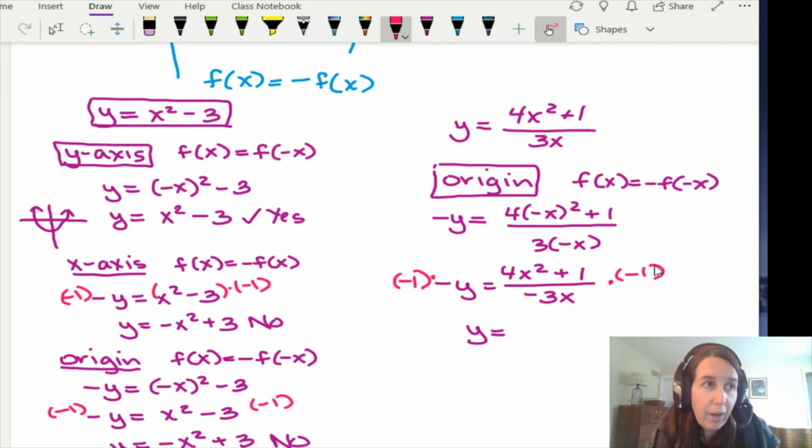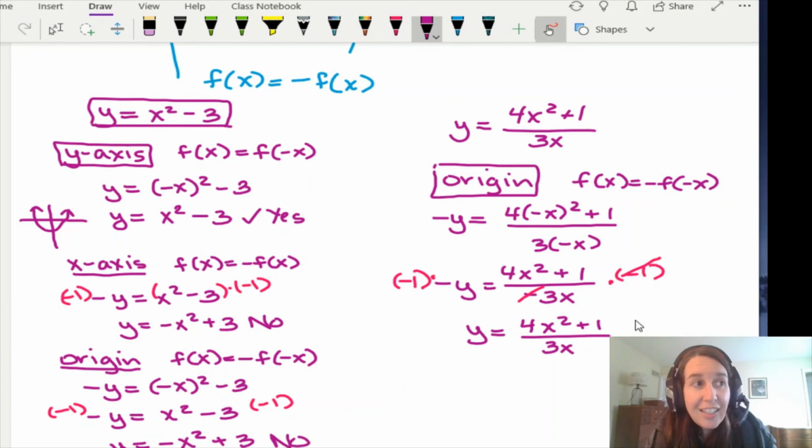So this negative 1 and this negative sign will cancel each other out. So at the top, we still have 4x squared plus 1. On the bottom, we have 3x. Notice that that is the same as the original. So in other words, f of x equals the opposite of f of the opposite of x. So this is a yes, and it's symmetric about the origin.